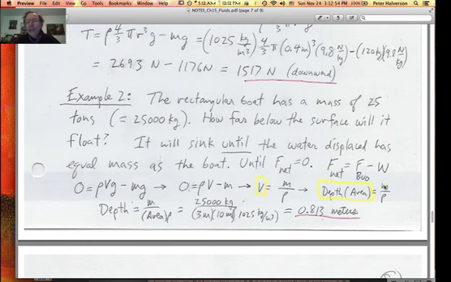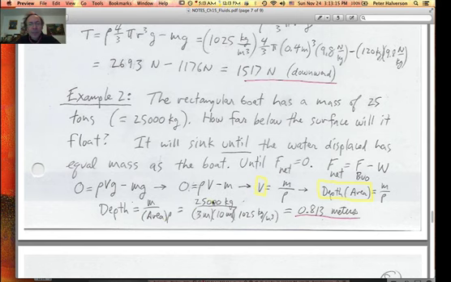That's why I made it a rectangular boat, to make the geometry simple. So the depth that it sinks to times the area will equal the mass over rho. Now I'm going to solve for the depth, which is what we wanted. And so the depth is equal to the mass of the boat divided by the area times rho.